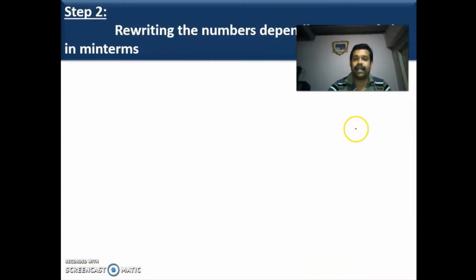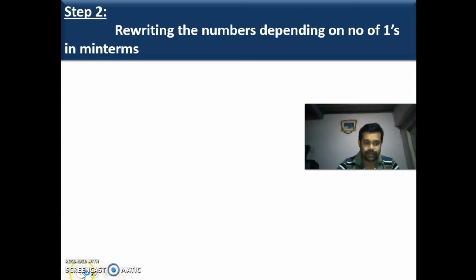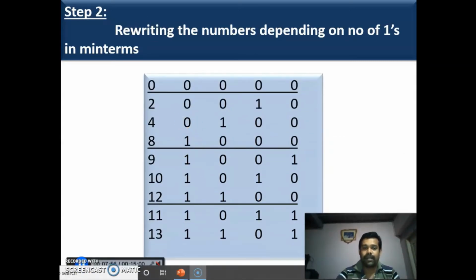So rewriting the numbers depending upon the number of ones in the min terms. So here you check 0, it is having no ones.